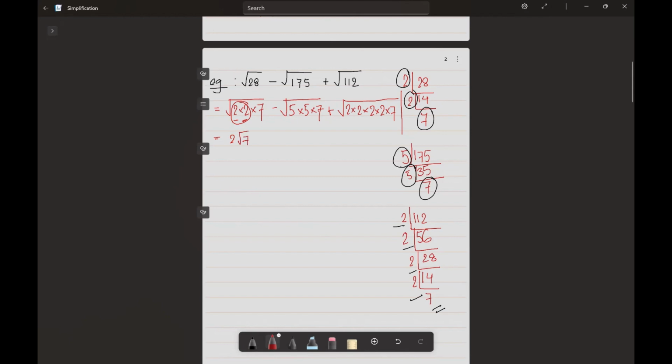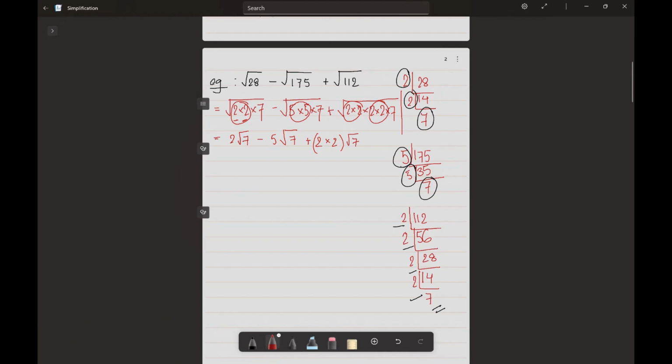Now we have 5 into 5. So we know for every 2 5's, 1 5 will come outside, and then there is nothing to pair with 7, so 7 stays inside the root. Now for these 2 2's, 1 2 will come outside, and then we have a root of 7 in here.